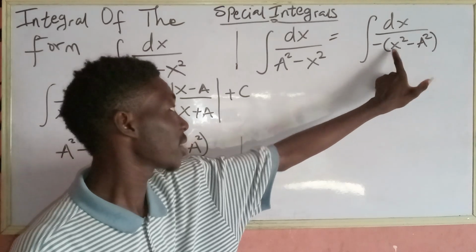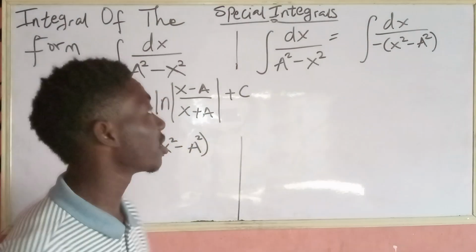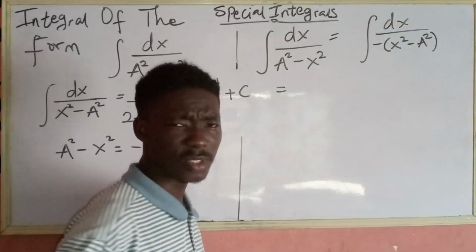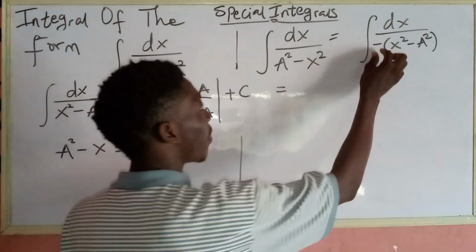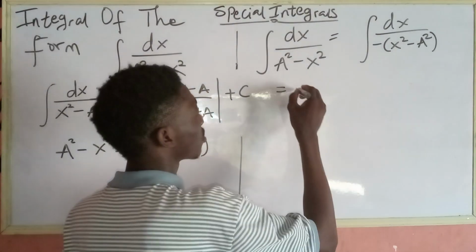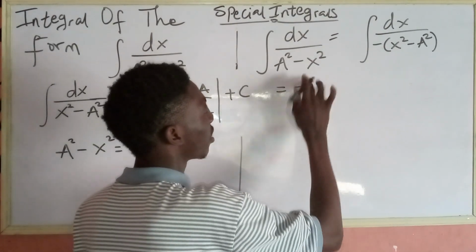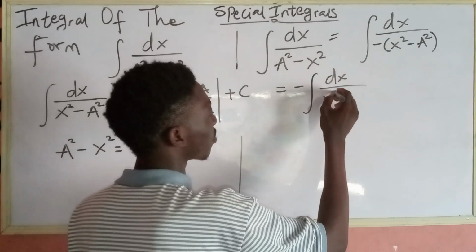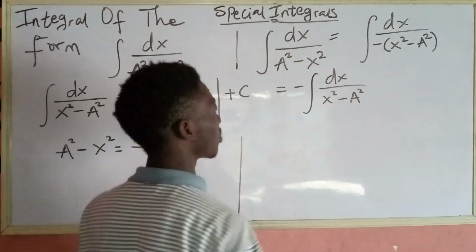So plus a squared minus x squared is the same as this. You can see. Then this is a minus, which also means a minus 1. You can bring the minus 1 out as a constant.